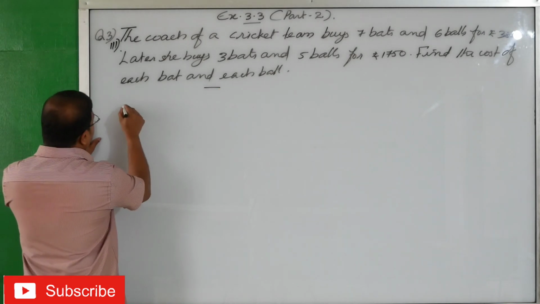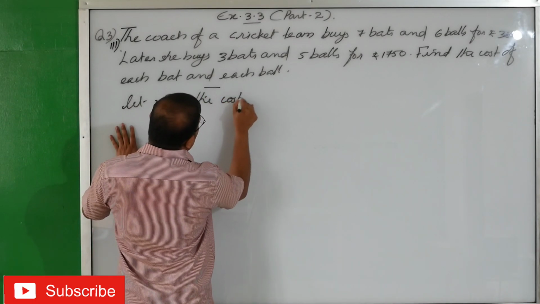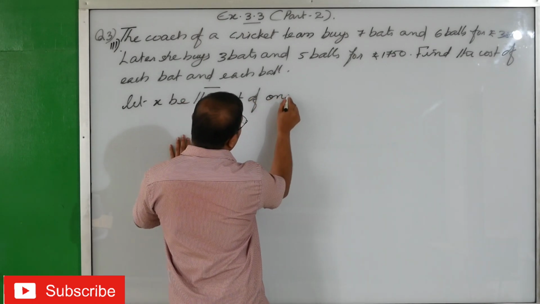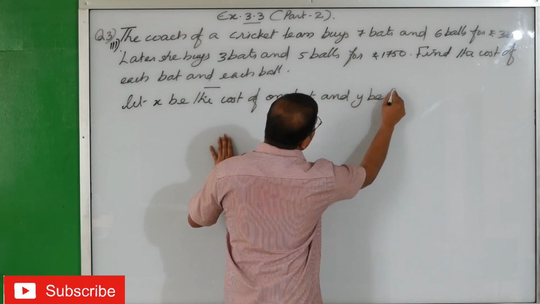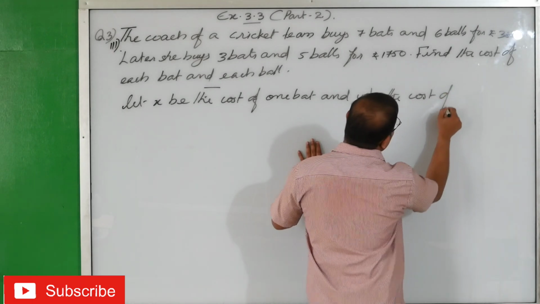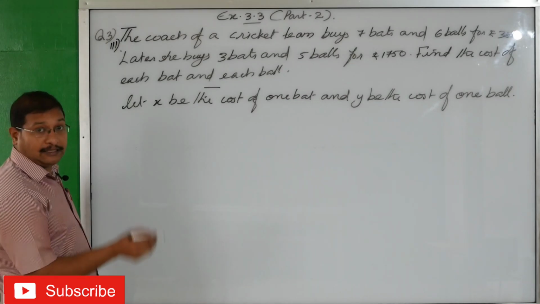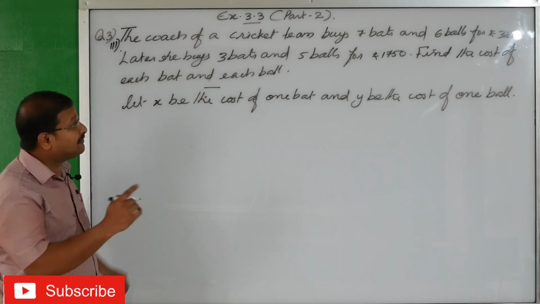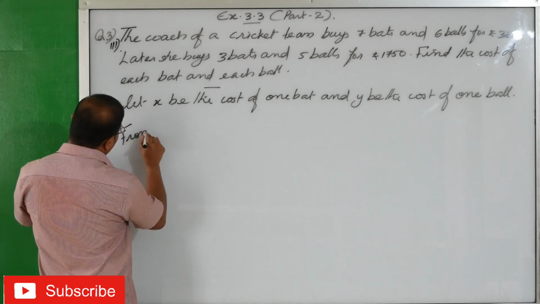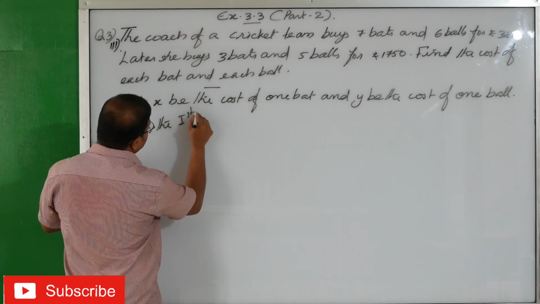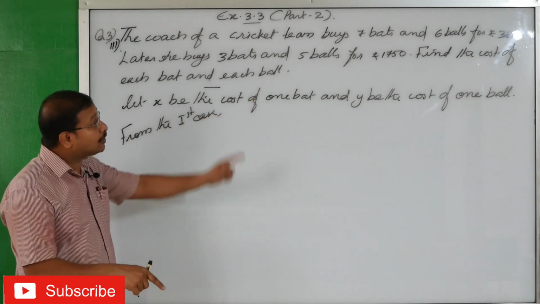Ready? So we'll write, let x be the cost of 1 bat and y be the cost of one ball. See the first case, the coach of a cricket team buys 7 bats and 6 balls. So from the first case, what can you write? 7 bats and 6 balls cost 3,800.